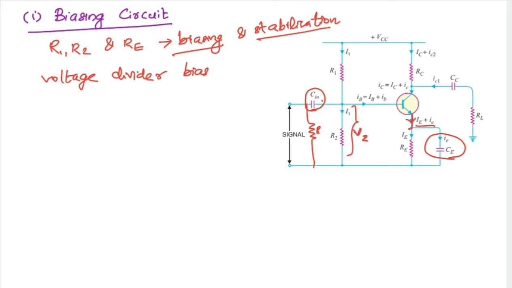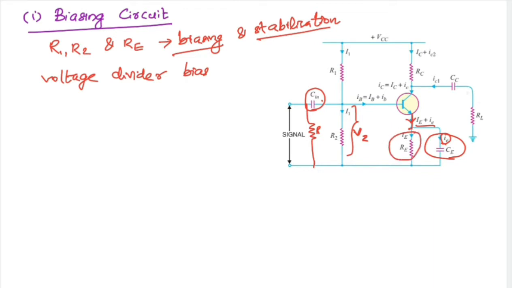So automatically the AC current will flow through CE and the DC current will pass through RE. Now as a result, not much drop will come across RE.